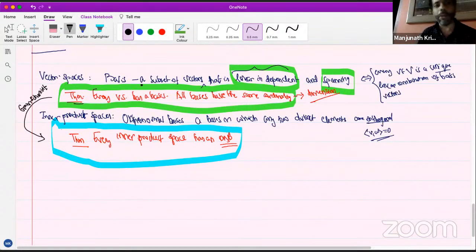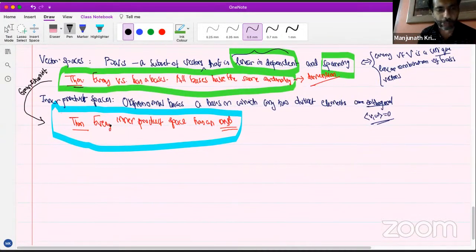If you can find a basis which is not an orthonormal basis, then you can use it to get an orthonormal basis. Let me give an exercise which is worthwhile doing.